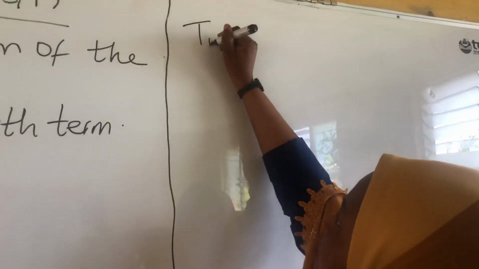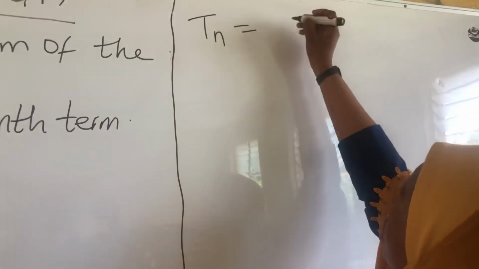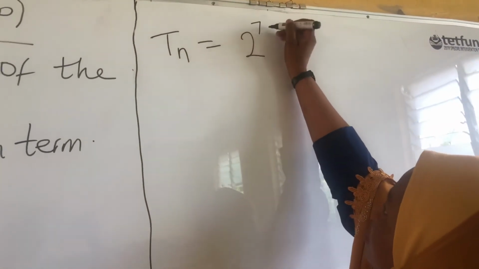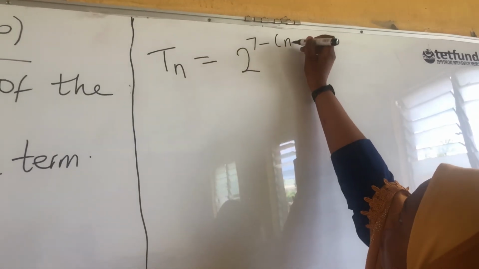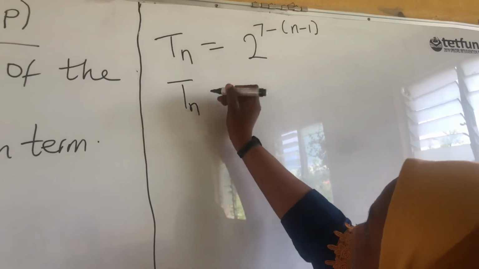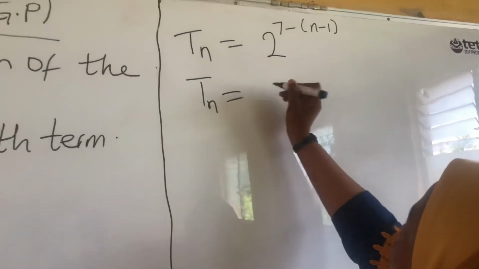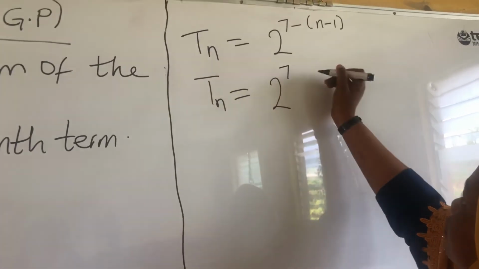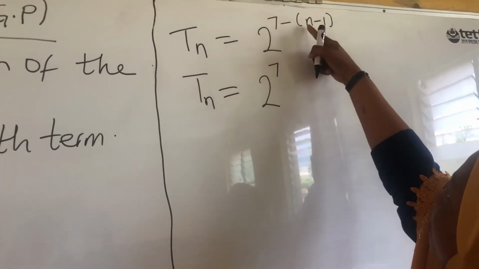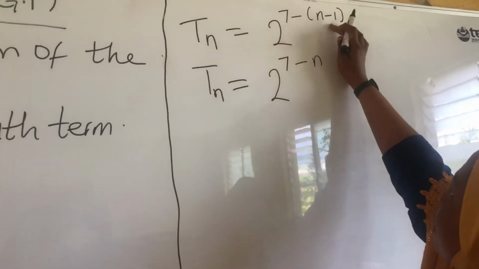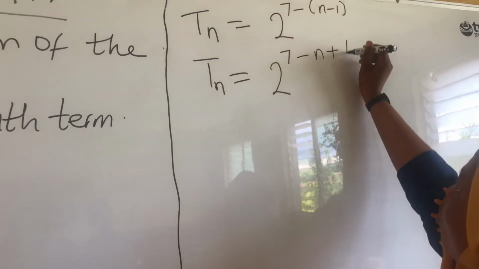The nth term will be equal to 2 raised to the power of 7 minus (n minus 1). So the nth term, still the same thing, will be equal to 2 raised to the power of 7 minus n plus 1.